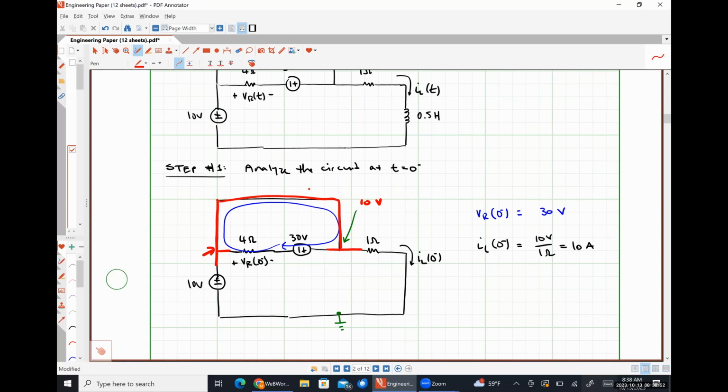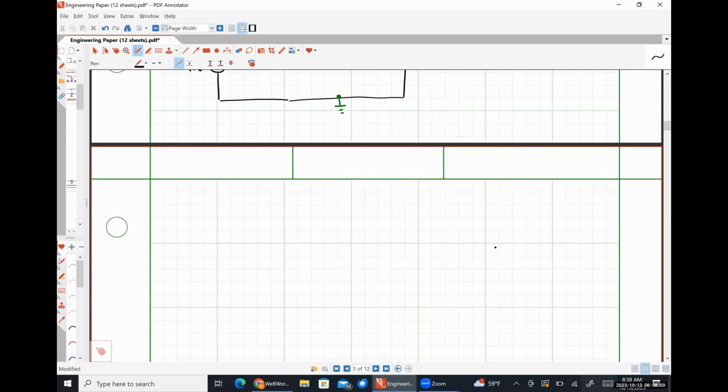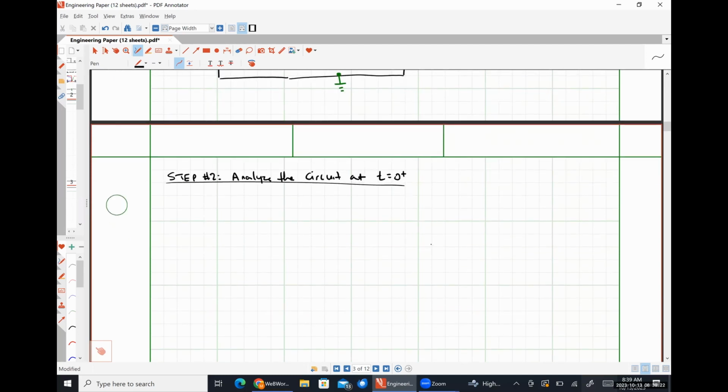All right. Now we're going to analyze the circuit at t is equal to 0 plus. So at t is equal to 0 plus, that switch is an open circuit, so I'm just not going to draw that top path at all because it's just an open circuit.